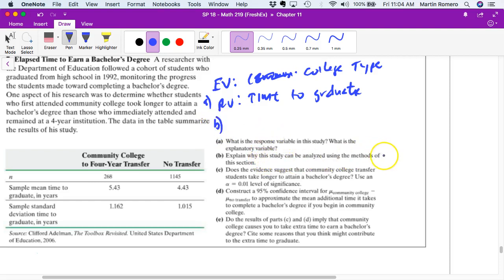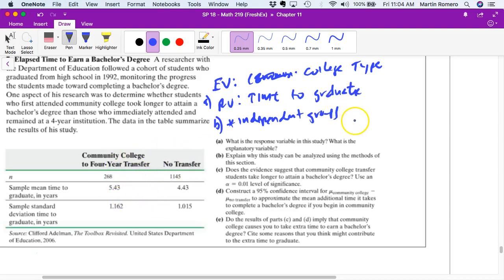Explain why the study can be analyzed using the methods of this section. Well, one way to think about it, we have independent groups here, meaning they're not dependent. One does not depend upon the other one. These are different students.